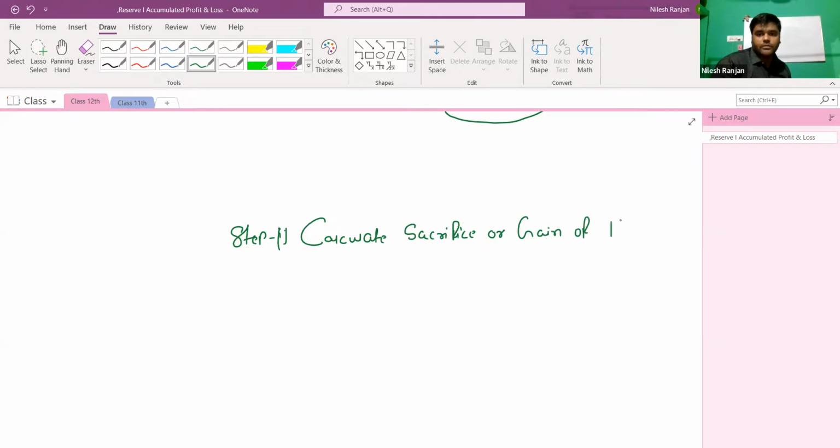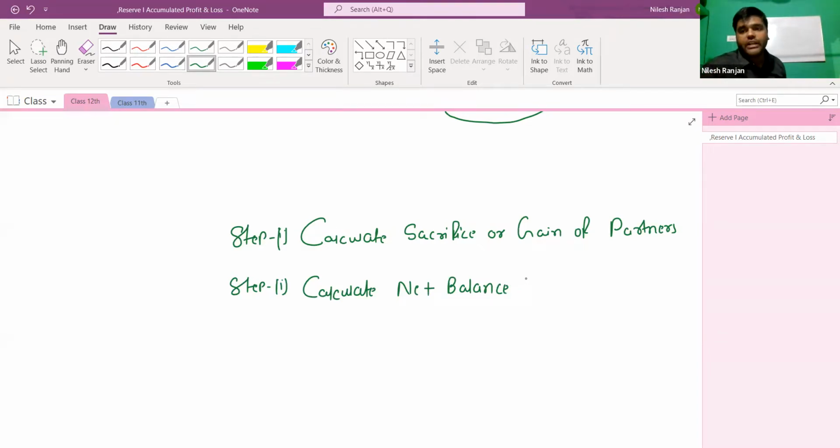Step 2 will be calculate net balance from the given profit or loss. We have to calculate the net balance. Let's say there are 2 profits and 1 loss, then we will add the 2 profits and deduct the 1 loss.